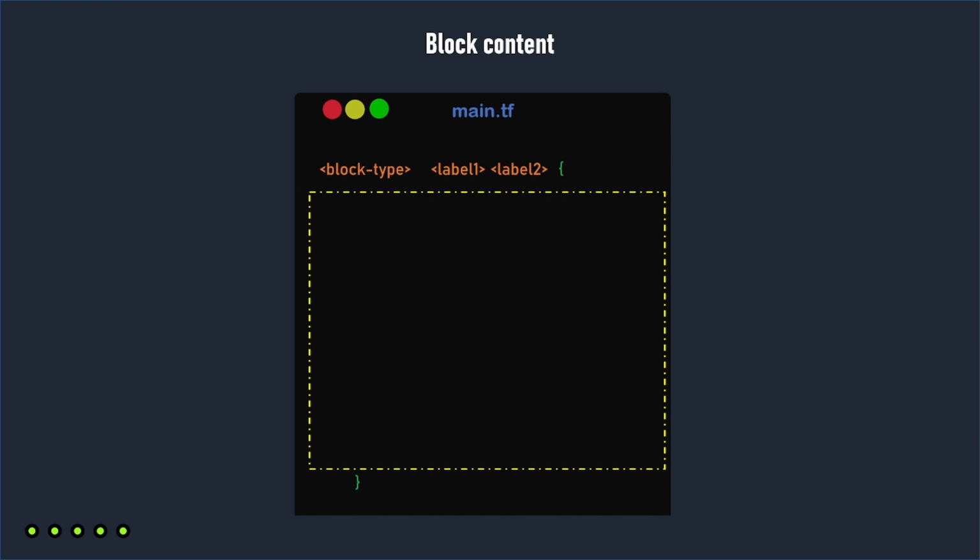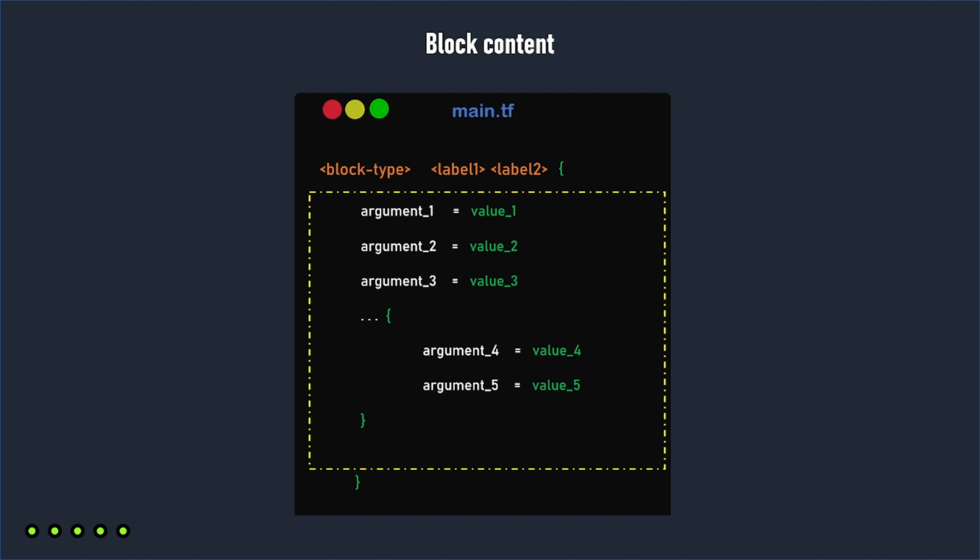In the block body between the curly braces, a set of arguments can be mentioned, and this depends on the block type. And if the block is of type resource, so it is used to create a resource, the arguments depend on the resource type. And in addition to arguments, further blocks can be nested in the block body with their associated arguments.